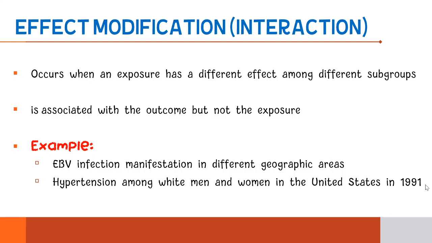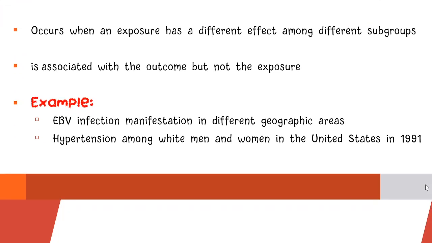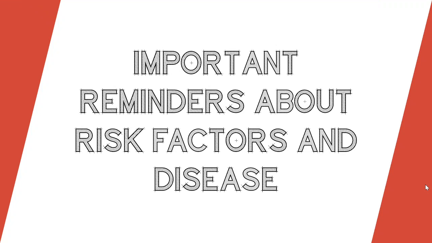Not only age, but also gender, as there are more white men who have hypertension, especially as they age, compared to women. So, that is all the common pitfalls with regards to causal research.